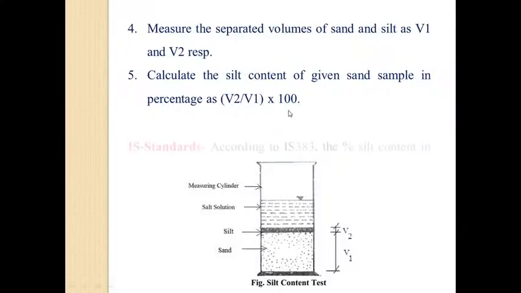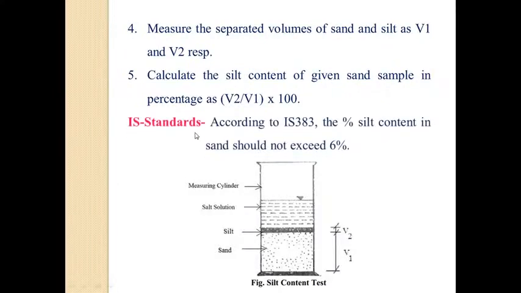According to the IS standard, that is IS 383, the percentage silt content in sand should not exceed 6%. So this is the IS standard regarding silt content.